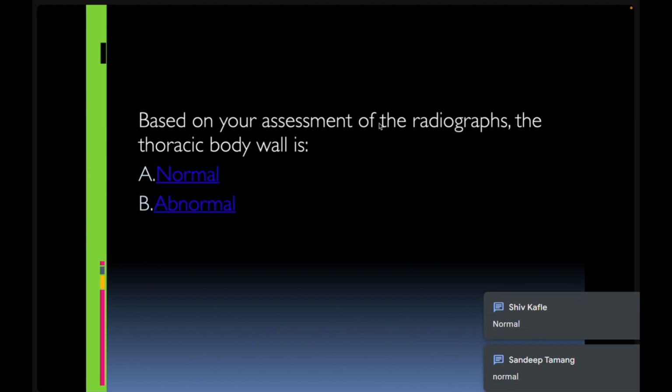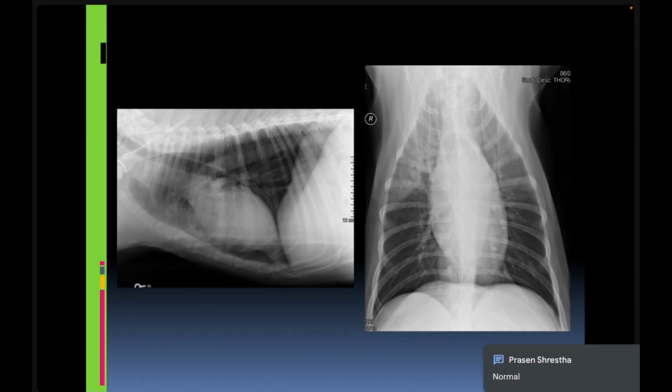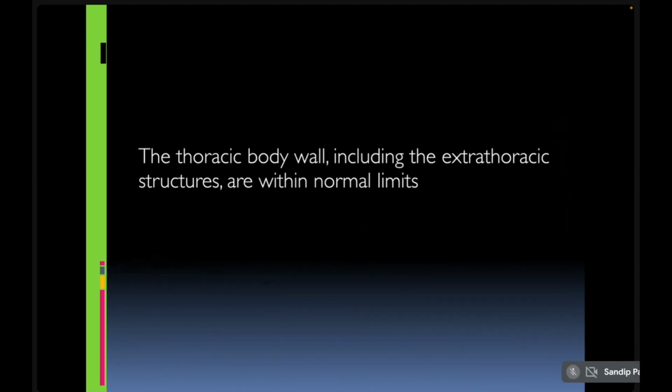Yes, you can just message. I'll be happy to see engagement. Yes, it's normal. Thoracic body wall is normal in this X-ray, right? Now let's move further. So thoracic body wall, including extrathoracic structure, are within normal limits.